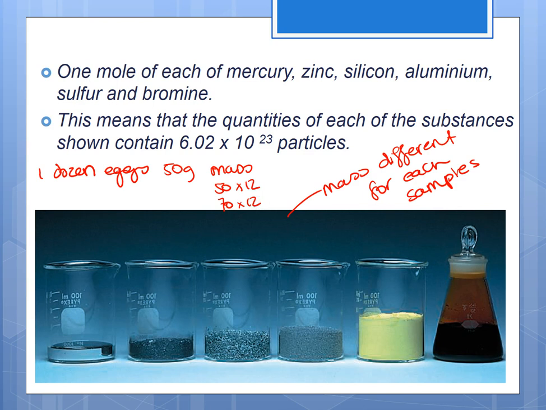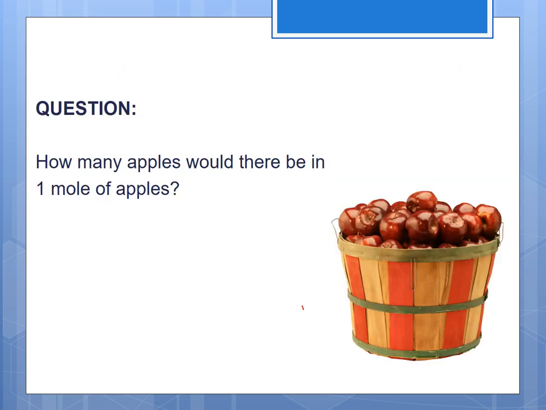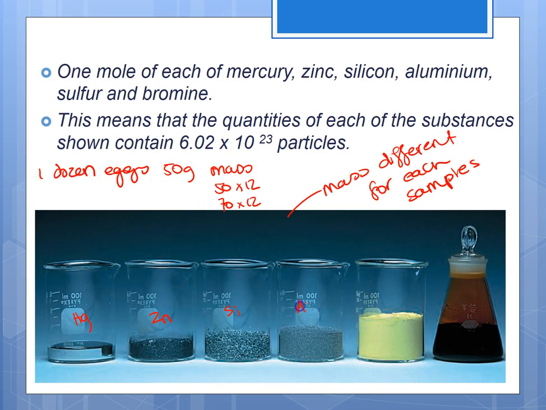So if you think about it, each one, so this is mercury, and then we've got zinc, this will be silicon, aluminium, sulfur, and bromine. These all have different relative atomic masses. So it would be the relative atomic mass multiplied by 6.02 times 10 to the 23, and that would equal the mass that was in each sample.